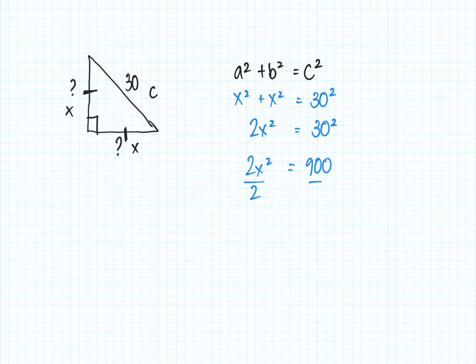So I'm going to divide by 2, divide by 2. X squared is equal to 450. I'm going to square root it, and the square root of 450 is equal to 21.21. So I now have the missing length of one of the sides of my triangle.